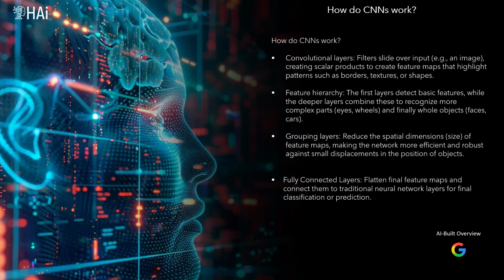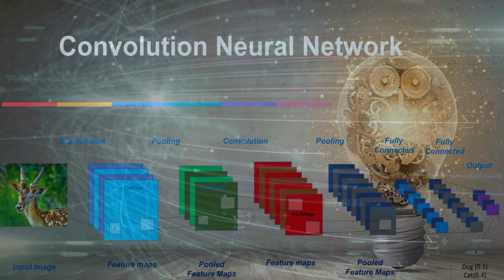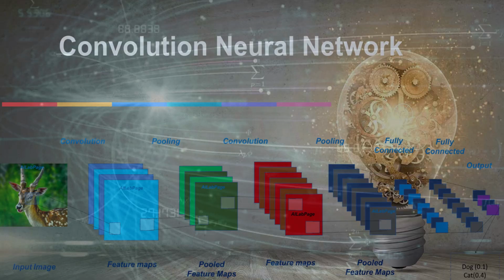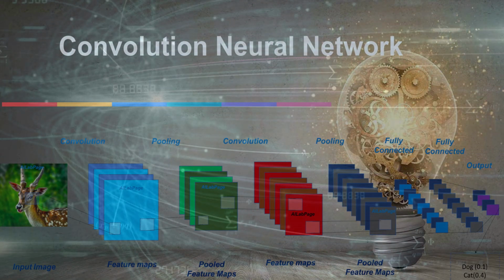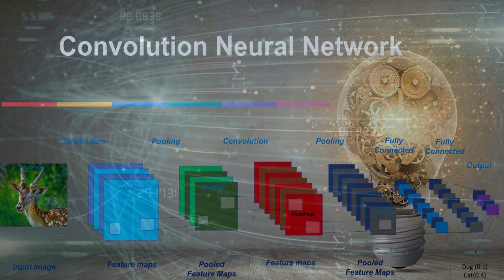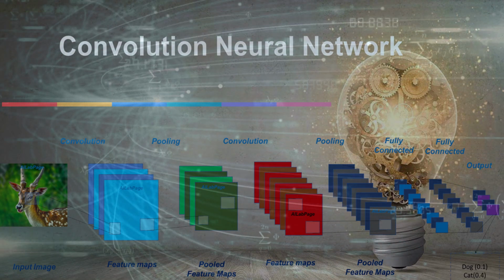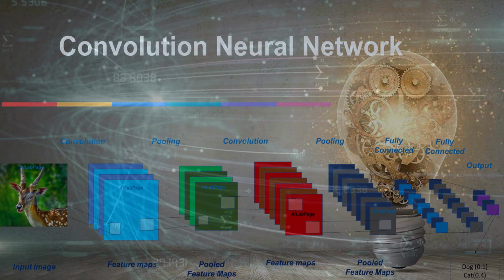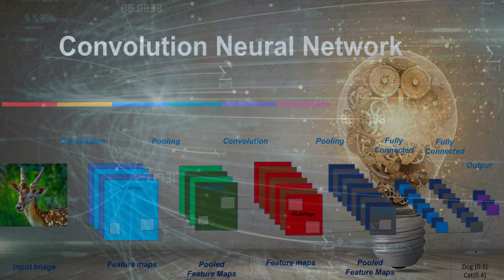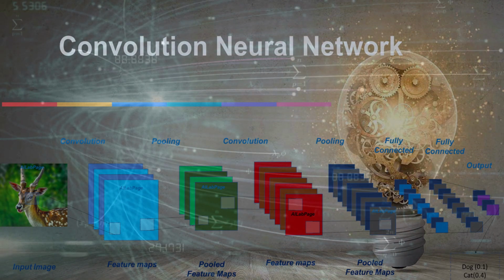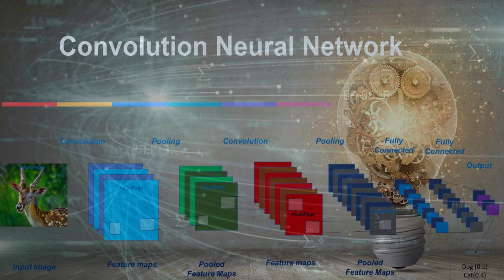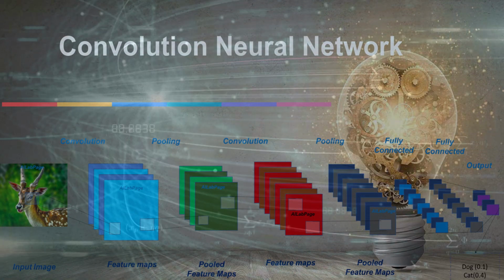How do CNNs work? Convolutional layers: filters slide over input, e.g., an image, creating scalar products to create feature maps that highlight patterns such as borders, textures, or shapes. Feature hierarchy: the first layers detect basic features, while the deeper layers combine these to recognize more complex parts, eyes, wheels, and finally whole objects, faces, cars.